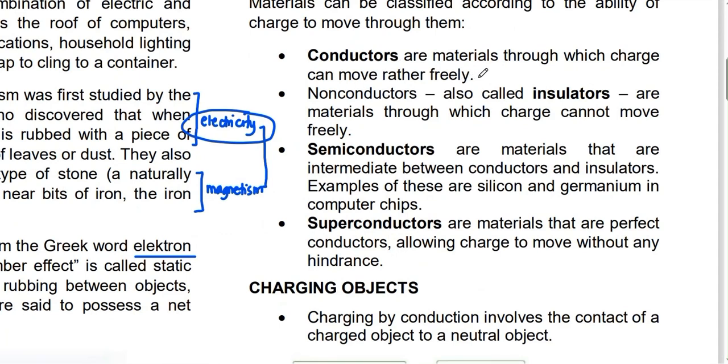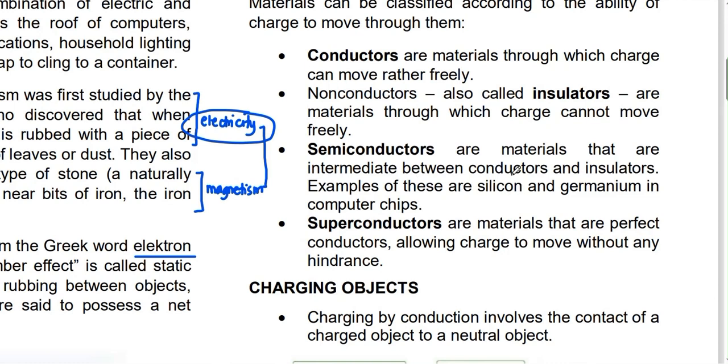The best conductors are the metals. Non-conductors or insulators are those materials through which charge cannot move freely, like for example, plastic or rubber. Semiconductors are materials that are intermediate between conductors and insulators. Examples of these are silicon and germanium and computer chips.